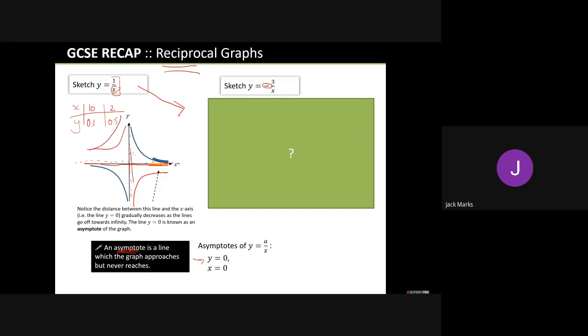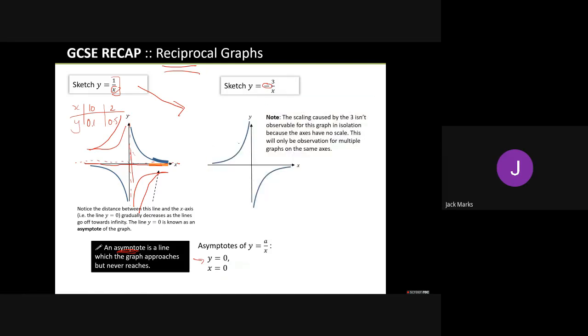Well, it's going to stretch these graphs. So we can sketch this and notice there's no real points of interest on here. We could again mark the asymptotes, but there are no intercepts, and there's not much to write down on the actual sketch. So we can only do this to a limited extent.